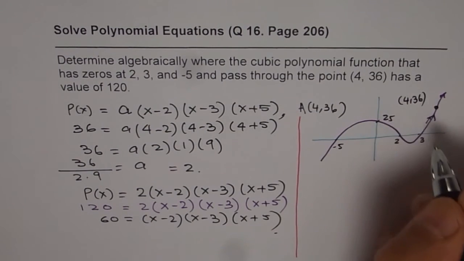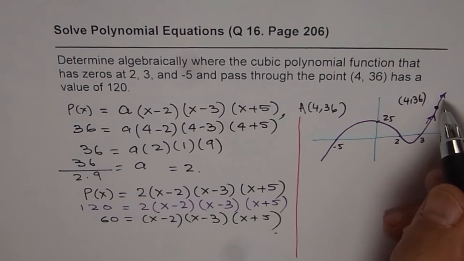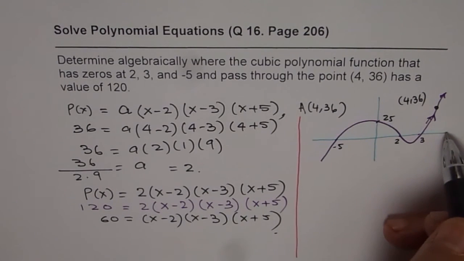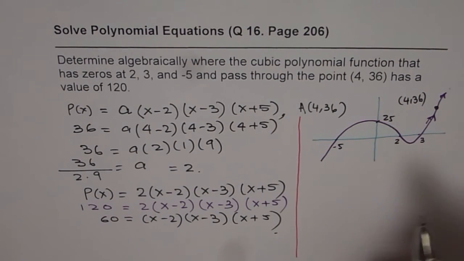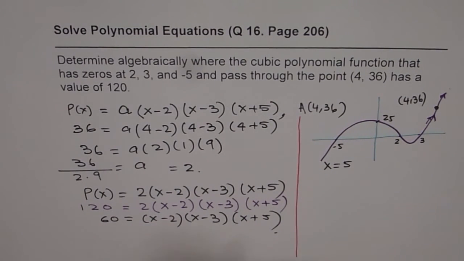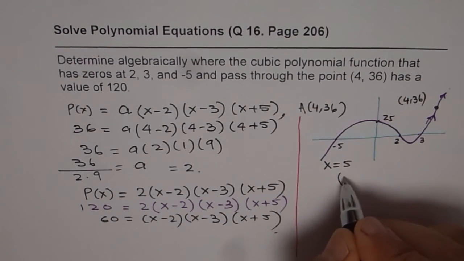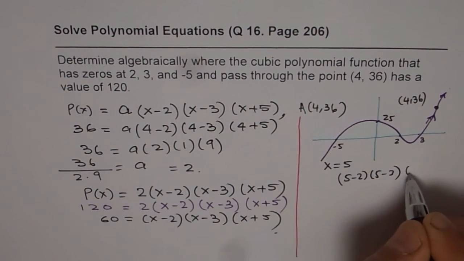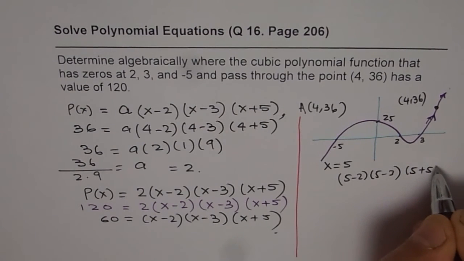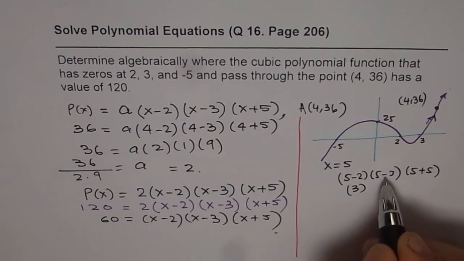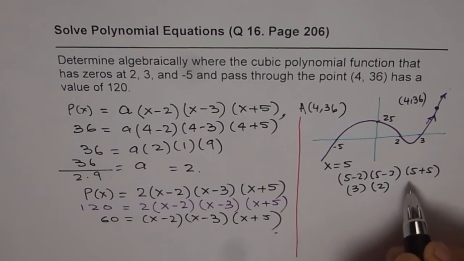Now the graph gives us an idea that 60 will be after this. So let's try some values after this. Let's substitute x equals 5 in this equation. If I substitute 5, what do we get? (5 - 2)(5 - 3)(5 + 5). 5 minus 2 is 3, 5 minus 3 is 2, and 5 plus 5 is 10.